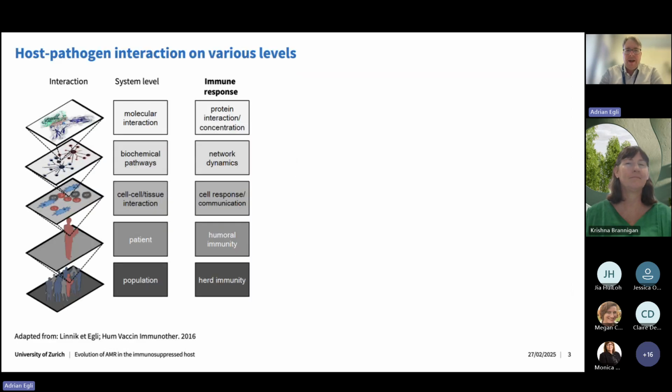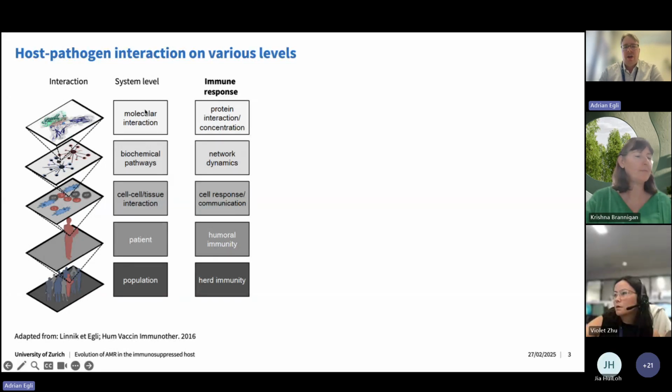So first of all, if we think about the importance of the host in the host-pathogen interaction, then obviously the interactions between the immune system and the bacterium can be described from a systems biological point of view at different levels. You can start with the molecular interactions where you have two molecules interacting with each other.